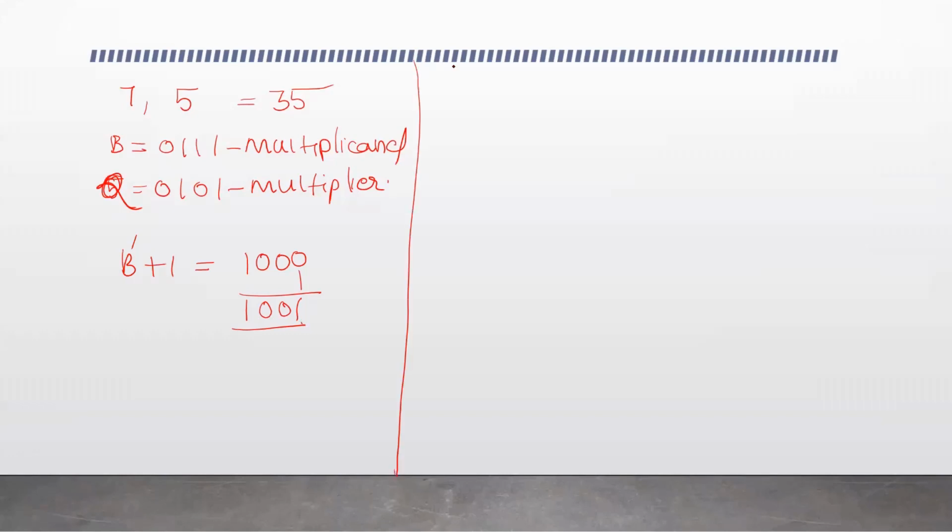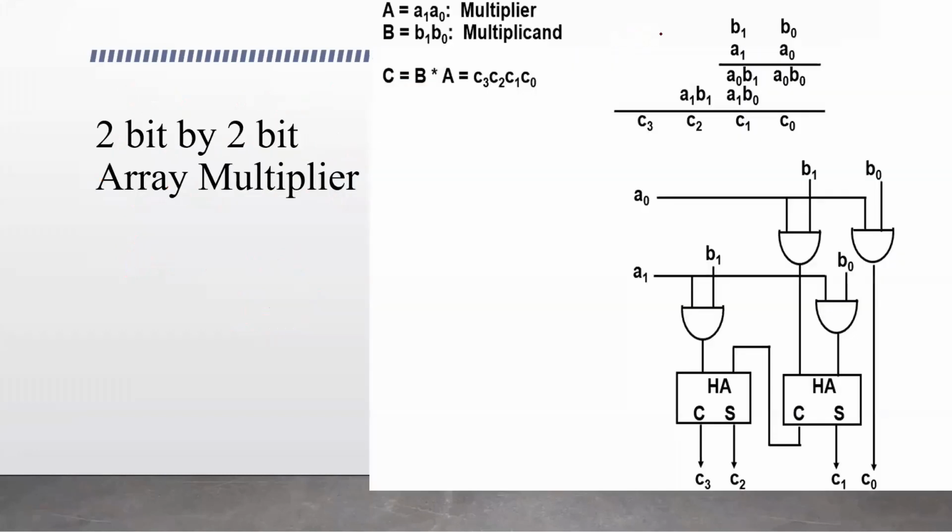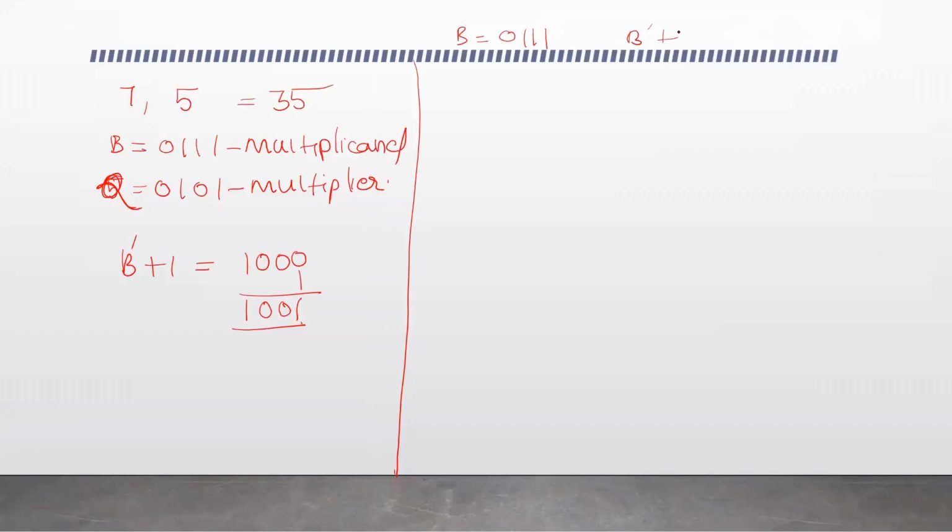So B is 0, 1, 1, 1, and B complement plus 1 is 1, 0, 0, 1.